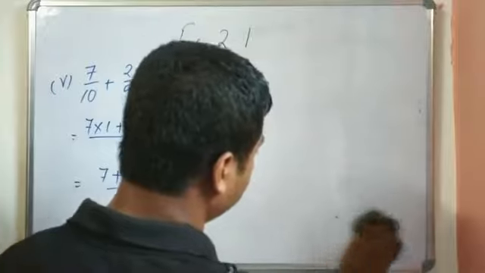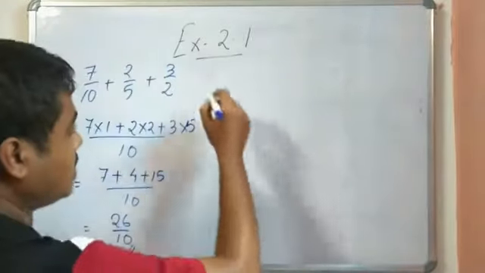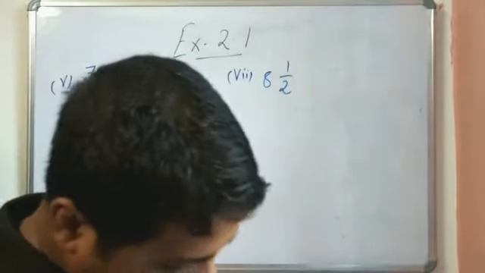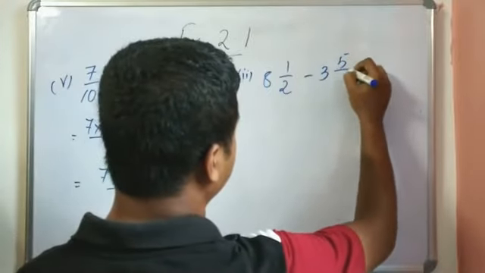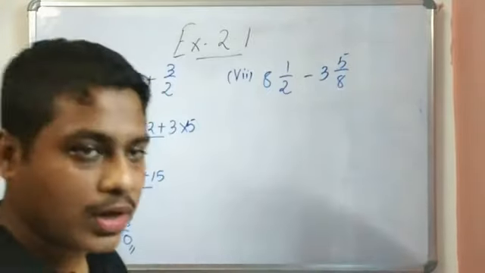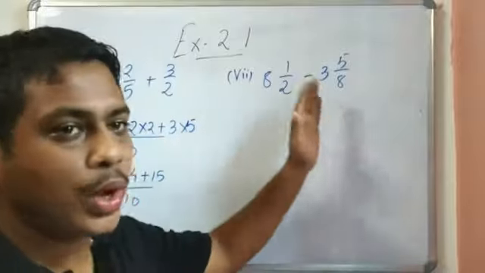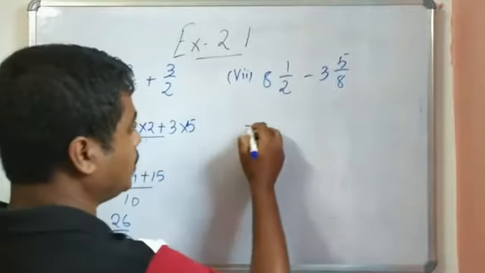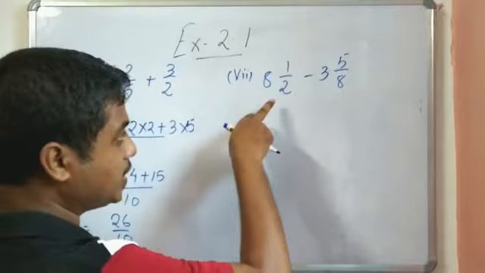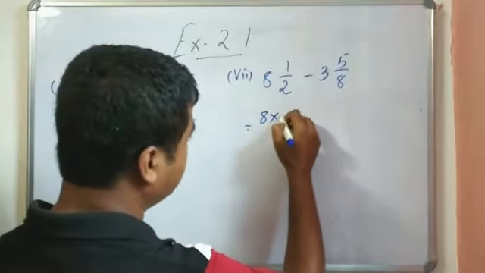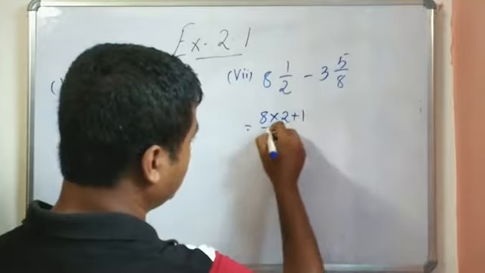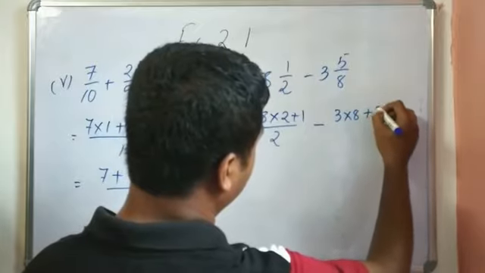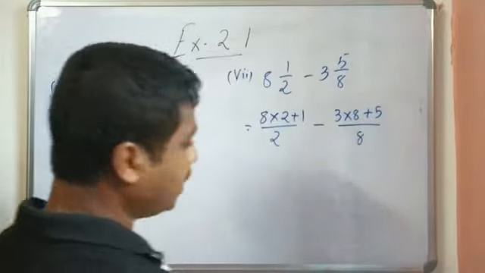Question number 7 goes like this: 8 and a half minus 3 and 5 by 8, given as mixed fractions. First, convert these into improper fractions, because they are mixed fractions. So 8 into 2 plus the numerator 1, divided by 2, minus 3 into 8 plus 5, divided by 8.